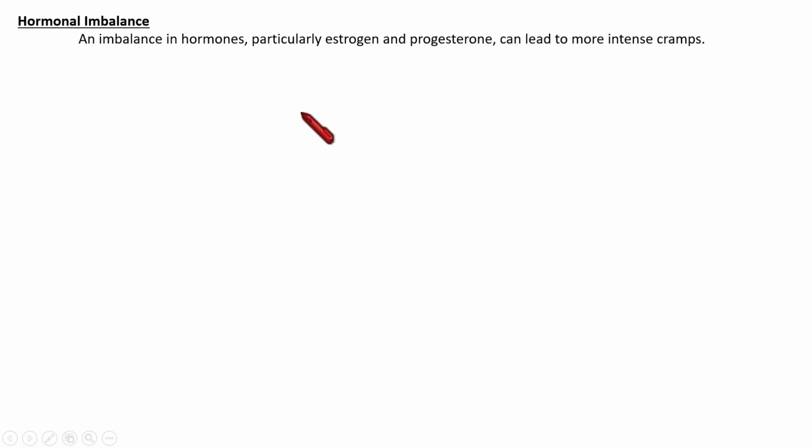Then other reasons also exist, like hormonal imbalance, an imbalance between estrogen and progesterone. Estrogen and progesterone also lead to more intense cramps. How? What's happening here? Estrogen is a hormone that leads to the synthesis or secretion of prostaglandin by the uterine wall.